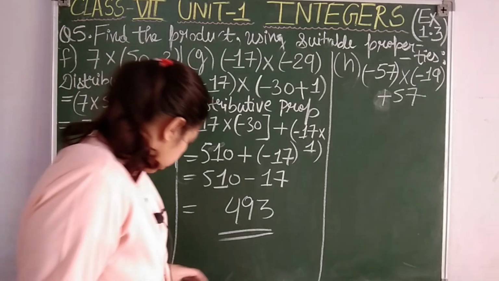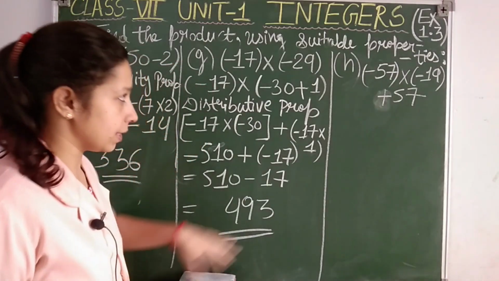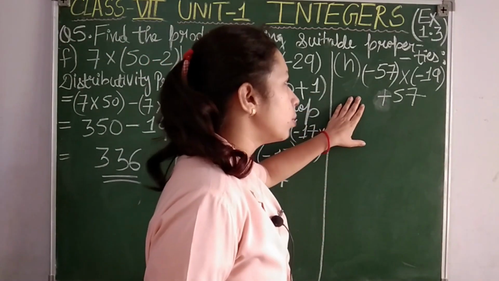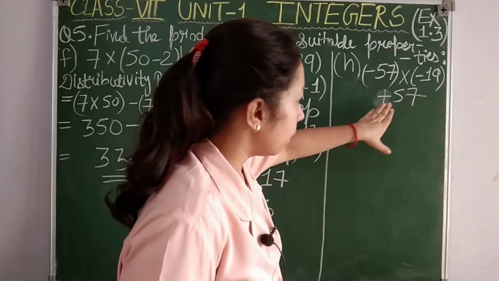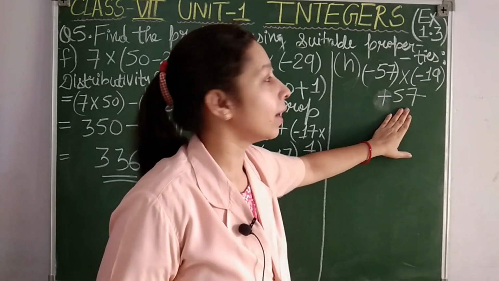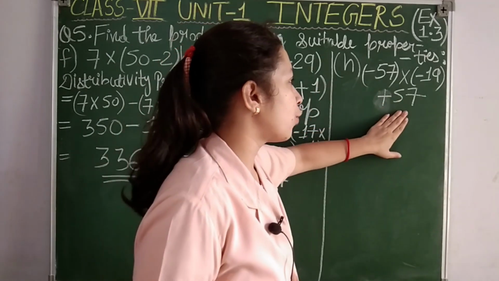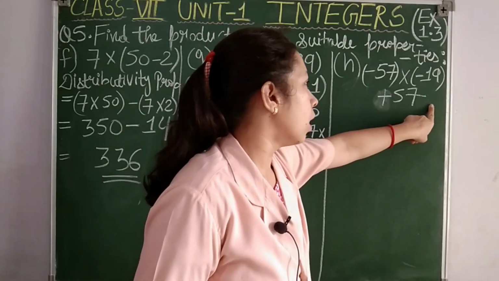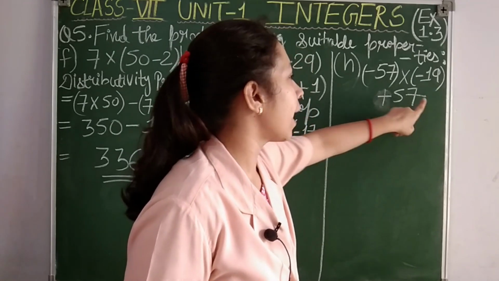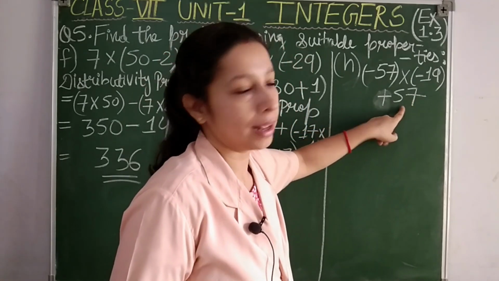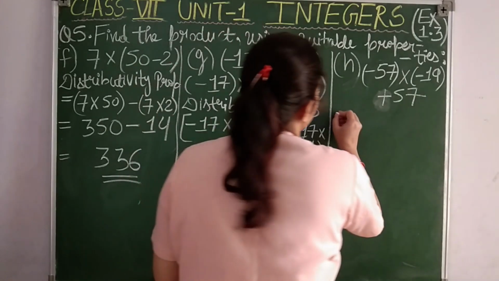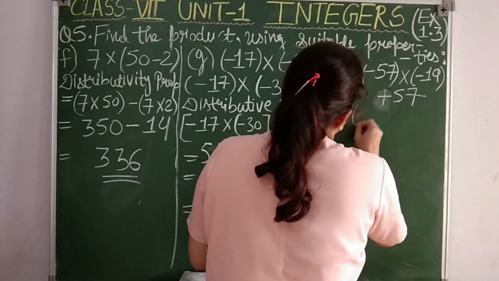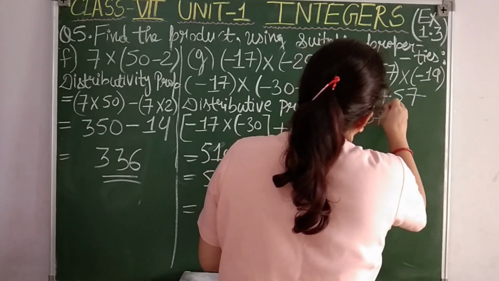Okay, now last point for this, yes, H point. Observe this, minus 57 is in multiplication with minus 19 and plus, then again 57 is given. If after 57 one more integer would be there which can be in multiplication with 57, then we can use distributivity property here. How, students? Let us see. So basically I am going to use distributivity property here. How?